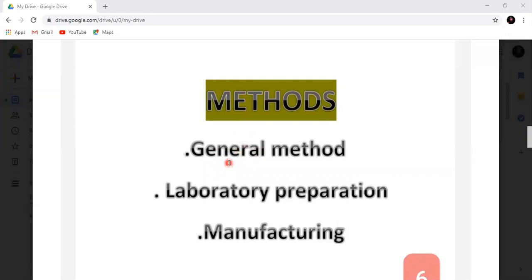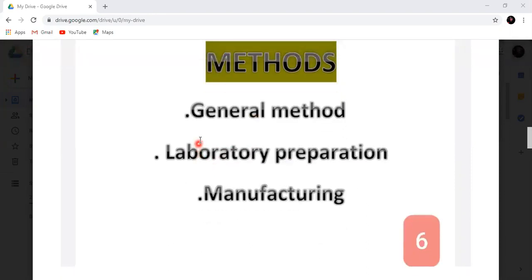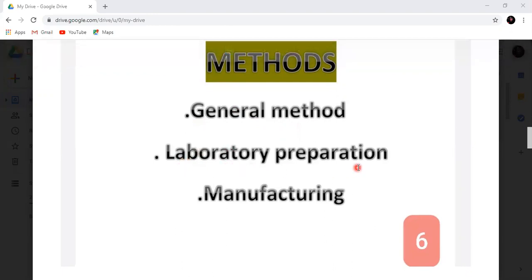The first method is the general method. General method of preparation means mixing two chemicals, after which ammonia forms. Second is the laboratory preparation. Laboratory preparation means the chemicals are used in a particular proportion and prepared in the lab.